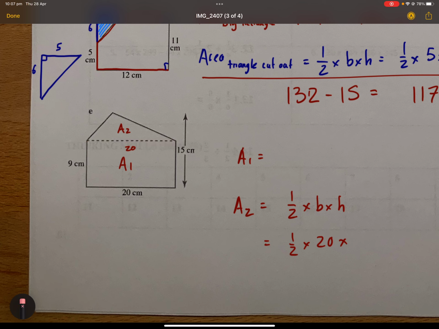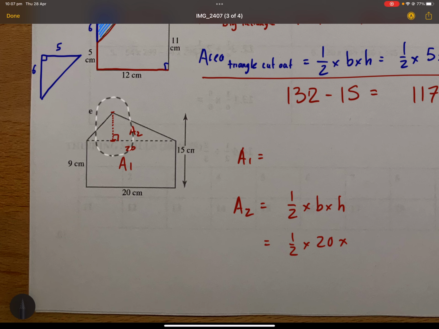What's the height? Well, the height is going to be from that to the top of the triangle. That's the height of the triangle. Now this is also 90 degrees. How do we find that length there?